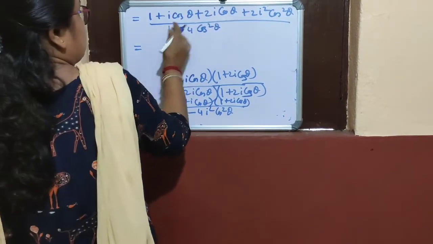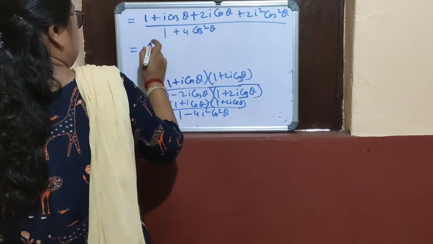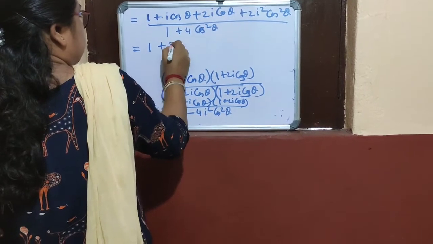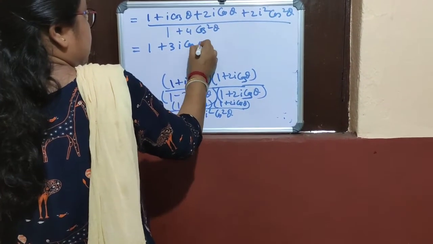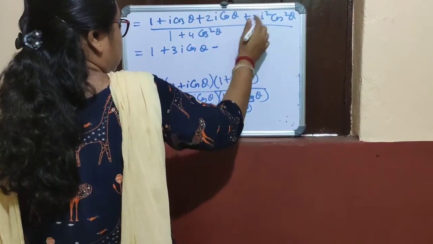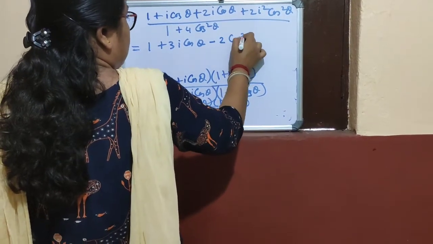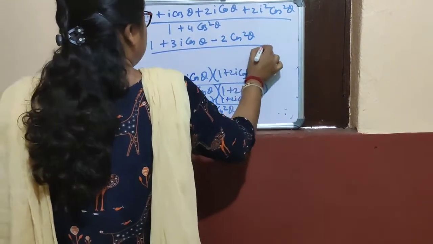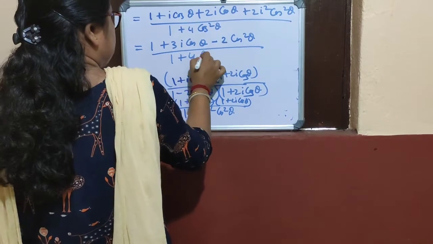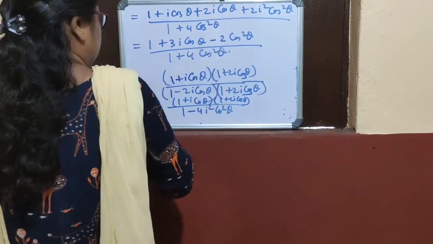This is equal to 2i cos theta plus i cos theta, 3i cos theta. 1 plus 3i cos theta, and 2 i square is minus, this is 2 cos square theta, divided by 1 plus 4 cos square theta.